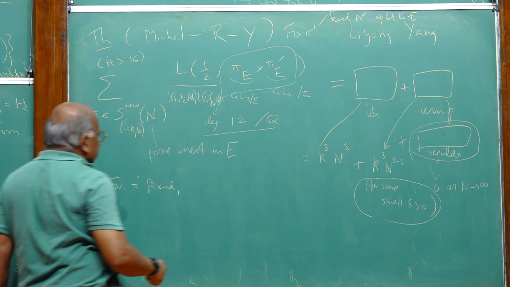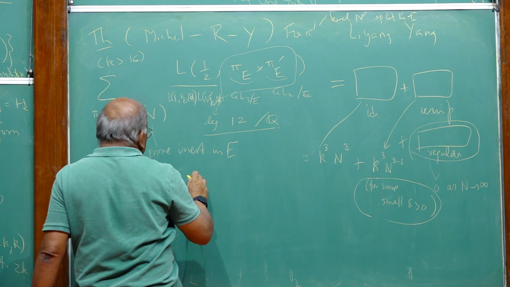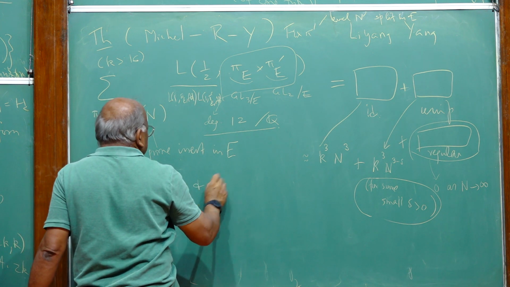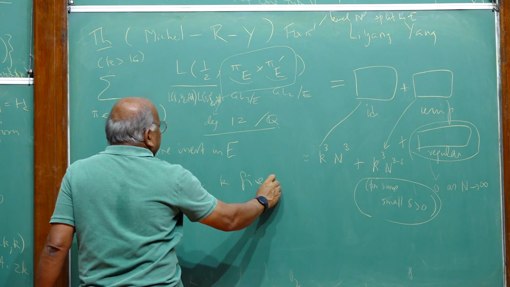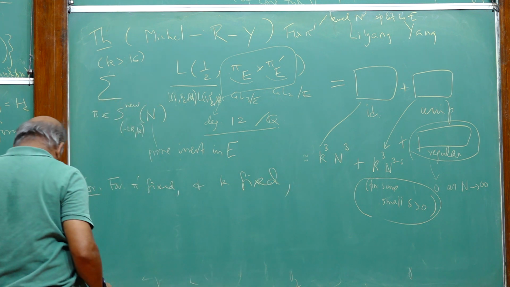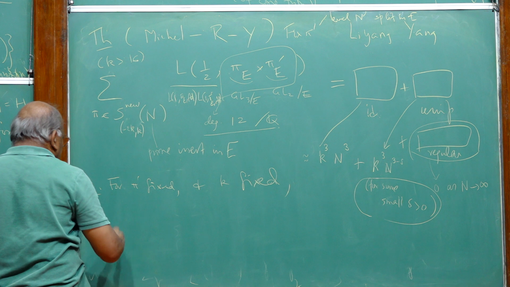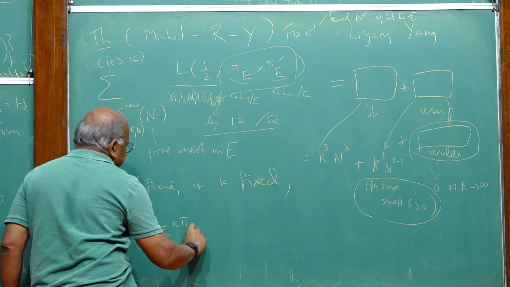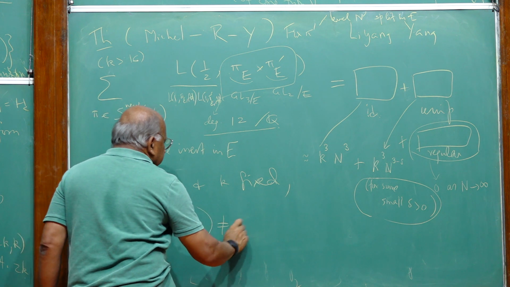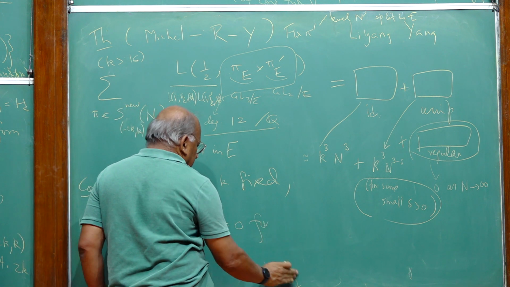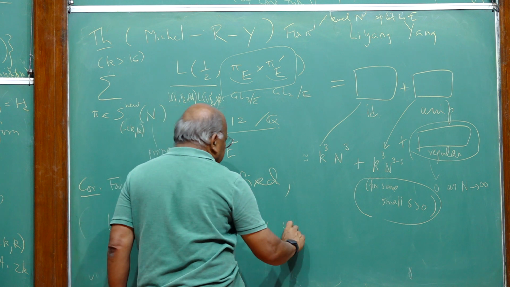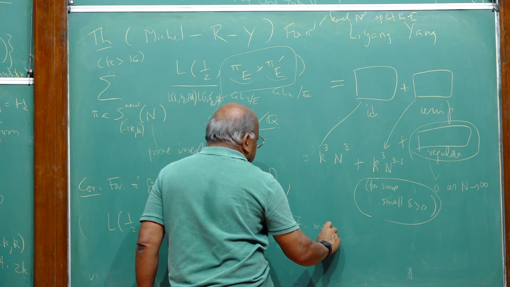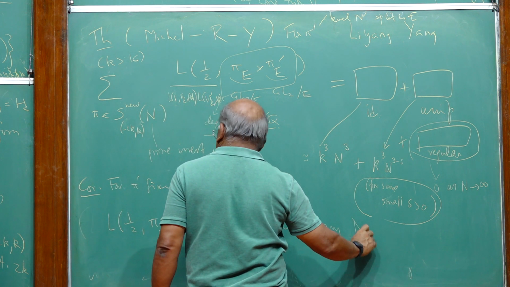So for pi prime fixed, and k fixed if you want. We can also vary k. Then we get that L of 1/2 of pi e cross pi e prime is non-zero for, in fact, infinitely many n.